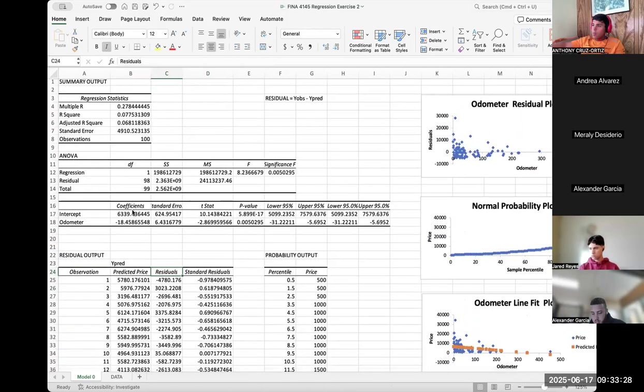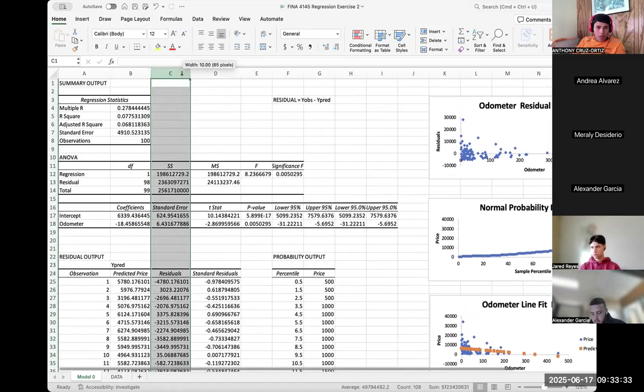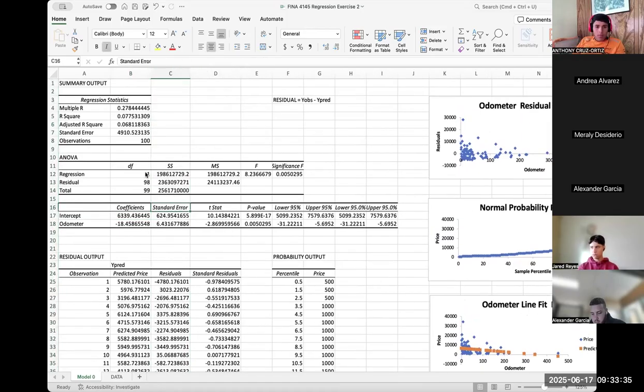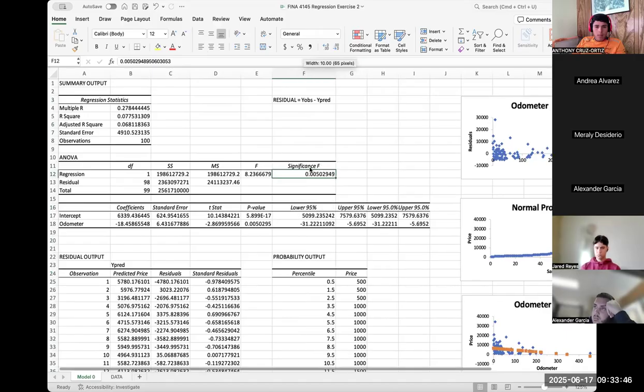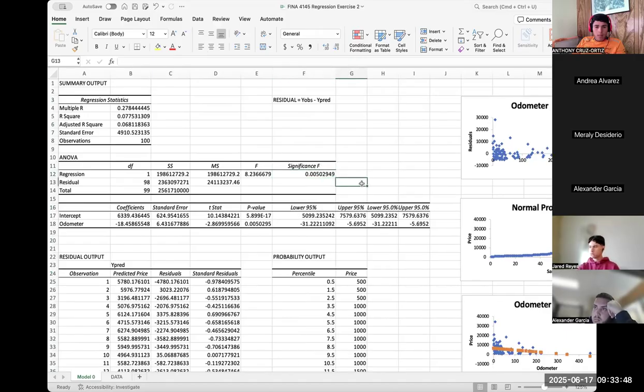So how do we interpret the results here? We begin by looking at the p-values. Does anybody know how to interpret the p-value here?